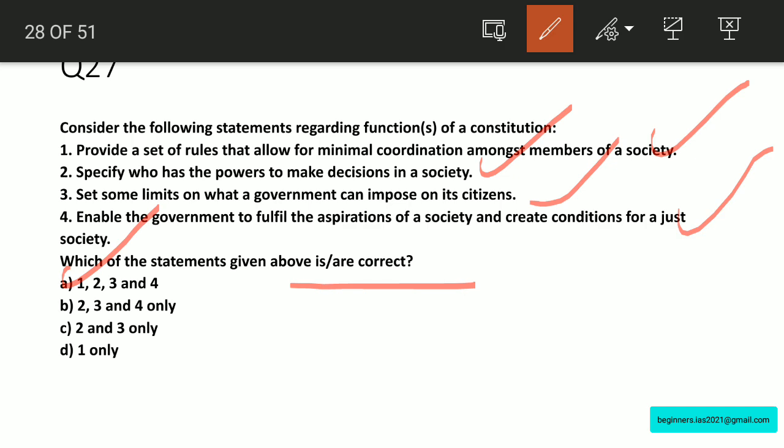Here the constitution gives powers to the president, prime minister, legislature, etc. The Indian constitution in turn makes decisions for the society. The fundamental rights set some limitations on what a government can impose on its citizens. And also, the fundamental rights and directive principles of state policy enable the government to fulfill the aspirations of the society and create conditions for a just society. Therefore, all the given statements are correct.